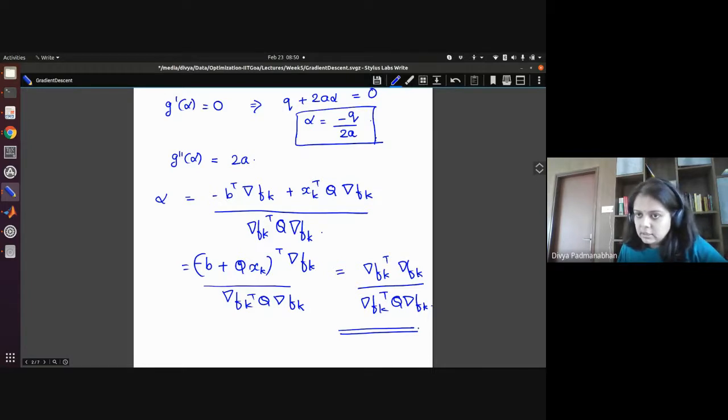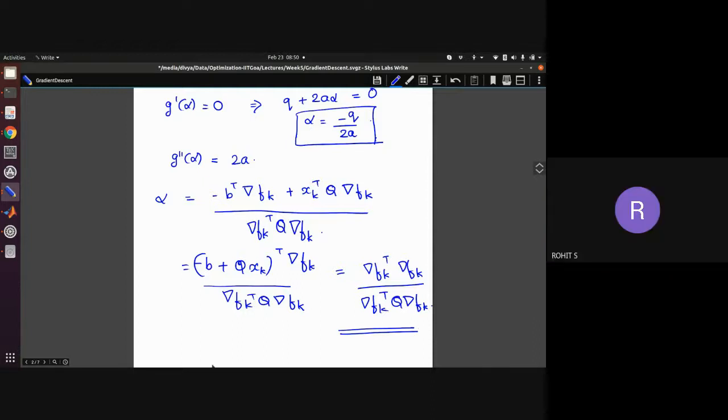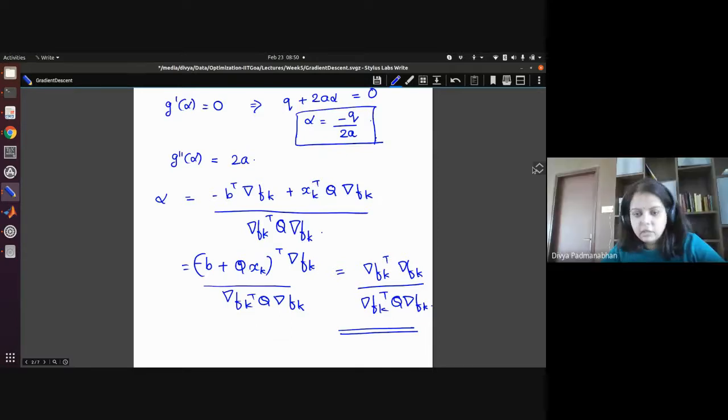Okay, so is this thing clear? Are the steps and all clear? And why will it not be minus B plus Q transpose Xk? Is Q a symmetric matrix? Yes, it's a Hessian, and we take it as a symmetric matrix here.